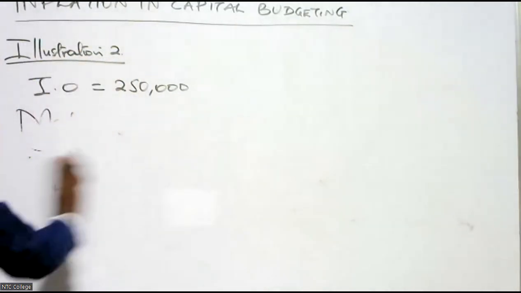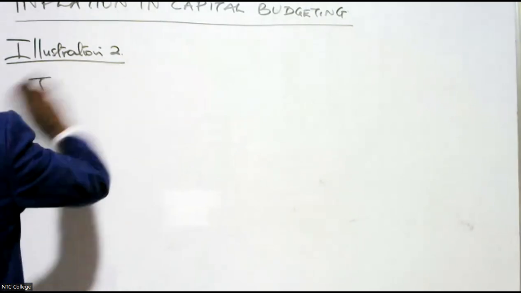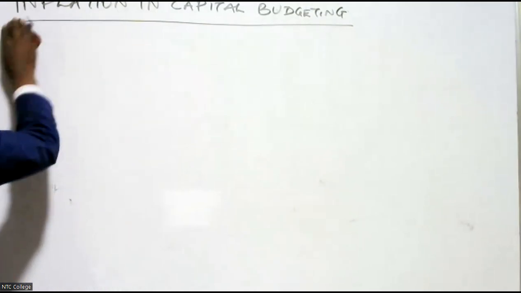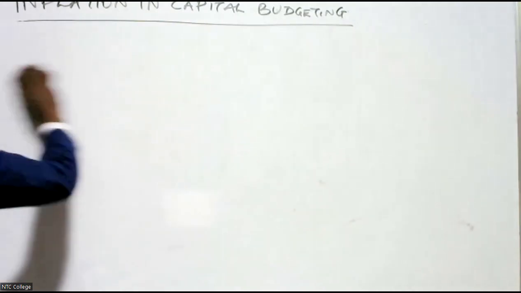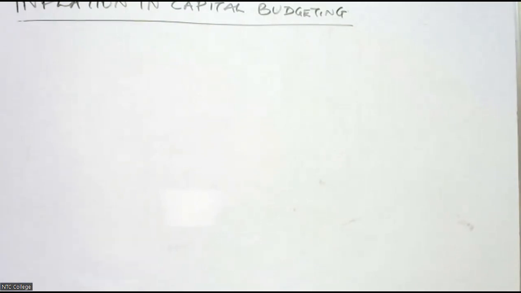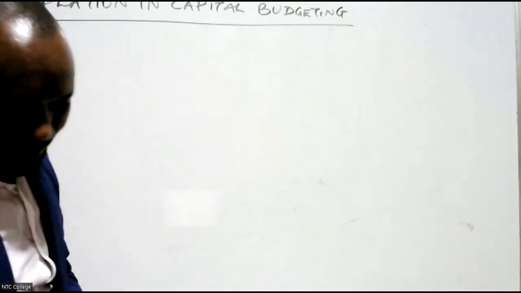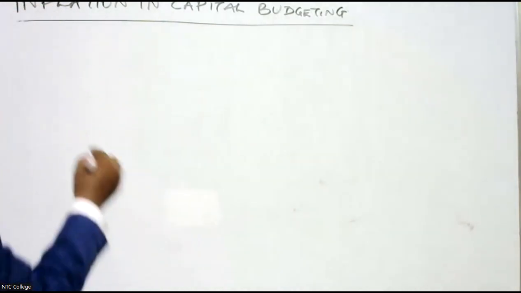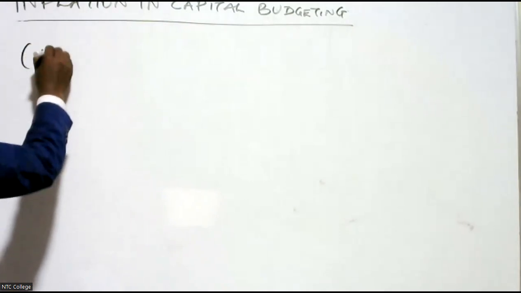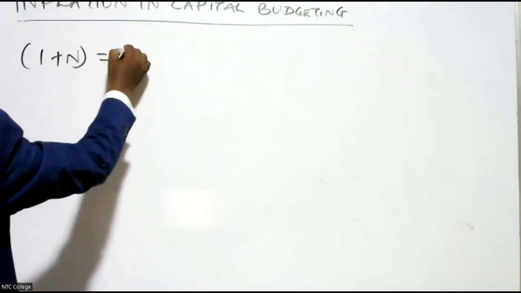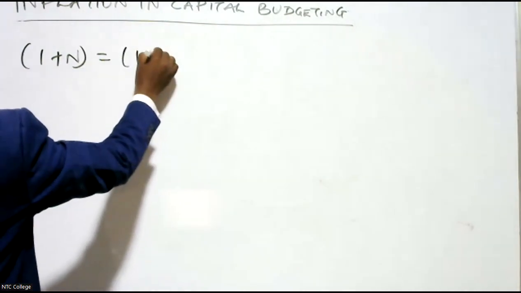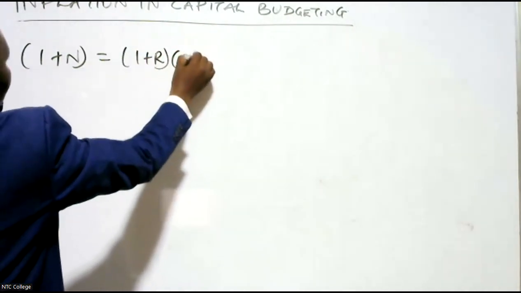So you have to start from somewhere. The first thing we can do is to convert the rate of return from real to nominal. We have 1 plus n is equal to 1 plus r times 1 plus i.